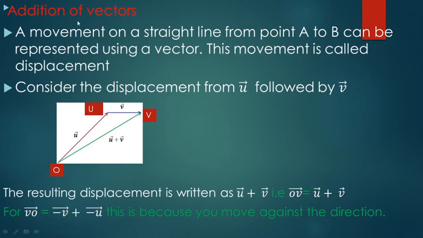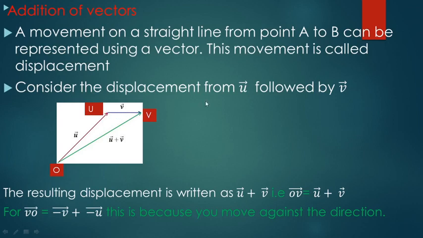Now we talk about addition of vectors. A movement on a straight line from point A to B can be represented using a vector. That movement is called a displacement. Now we consider a displacement like this one, from O to V, and we have also U here.